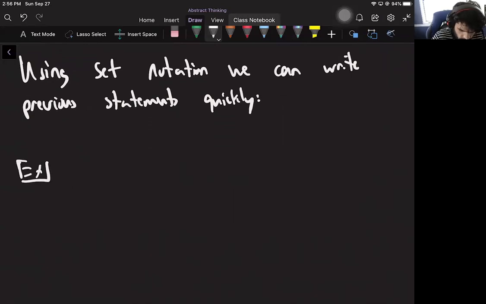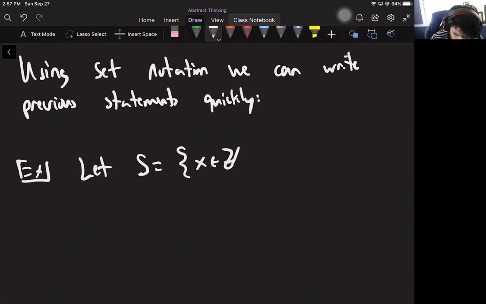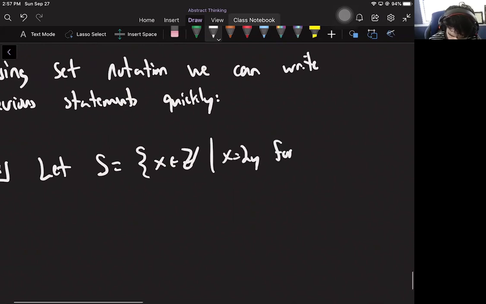So for example, if I first define a set S to be the one that I talked about earlier, the even numbers, which can be written like this. So again, these are the even numbers.